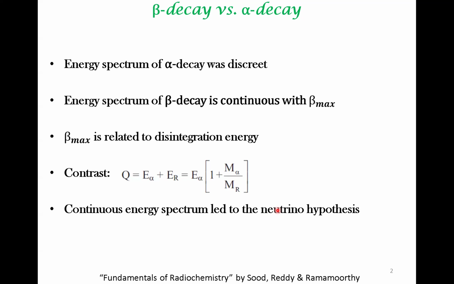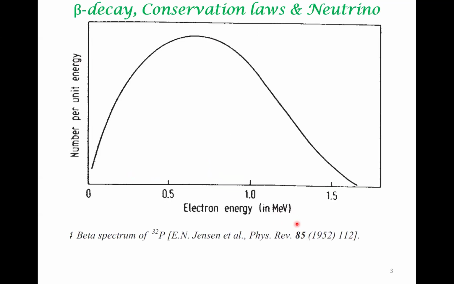So why was this postulated? The reason for Pauli postulating this is the continuous spectrum. When beta particles are emanated from a beta decay, there are beta particles which are very low in energy all the way to high energy.